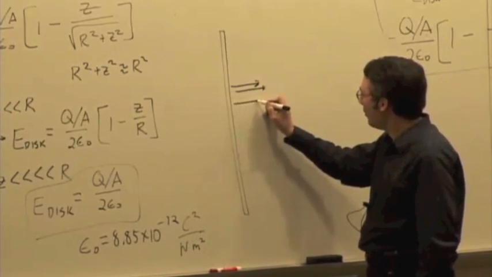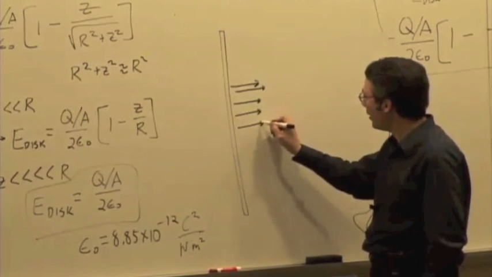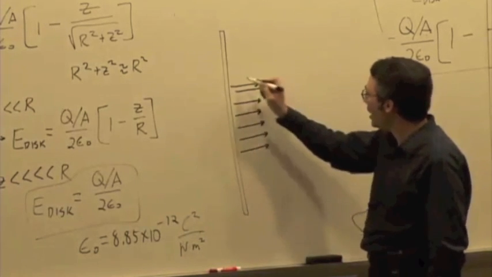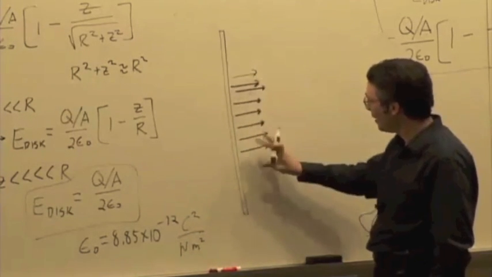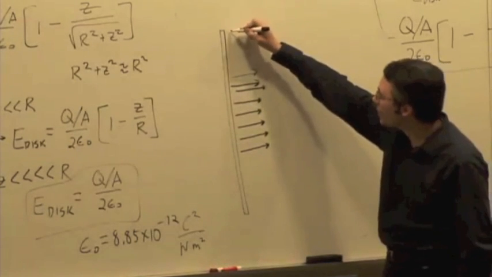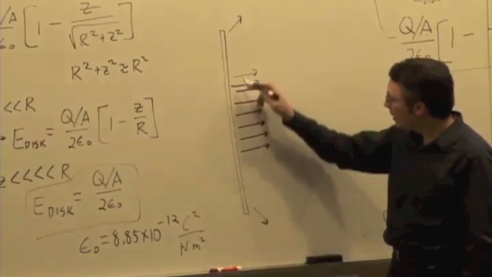It's also a fairly good approximation over not the entire, but a lot of the area of the disk. And much like with the case of the rod, it's only when you start to get toward the edge that the approximation breaks down. You start to get effects that look like that.